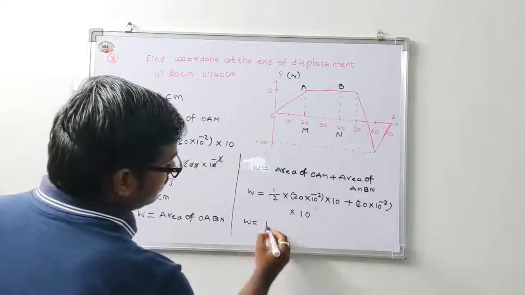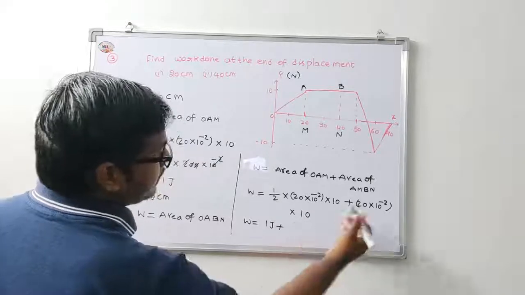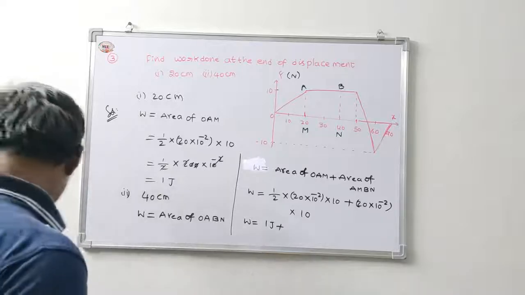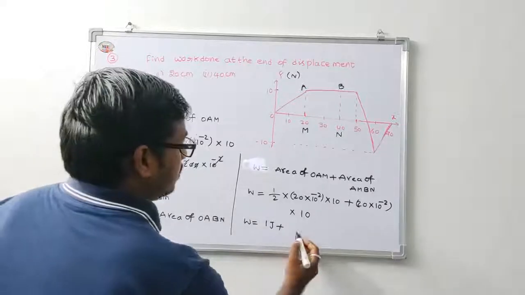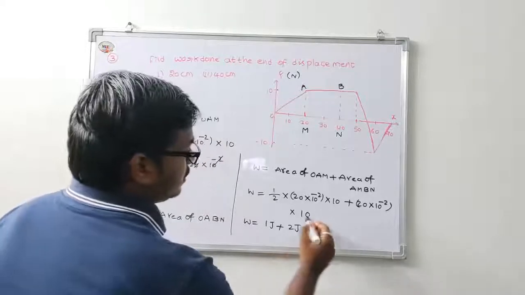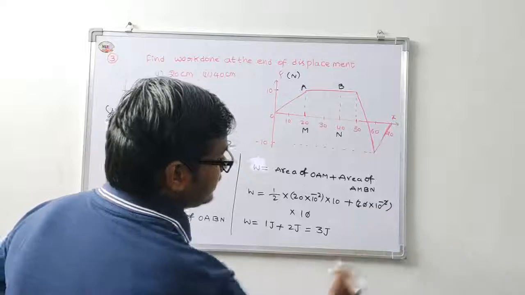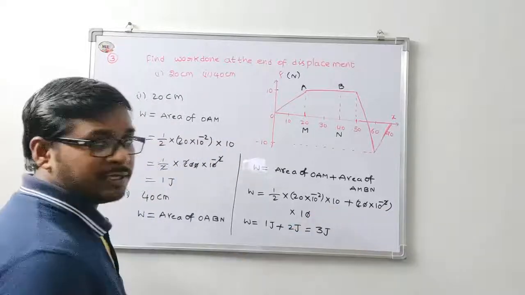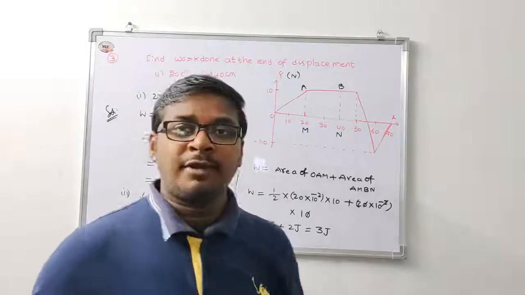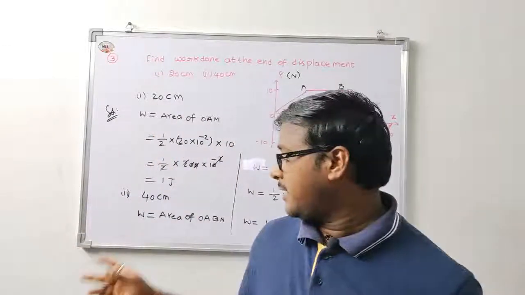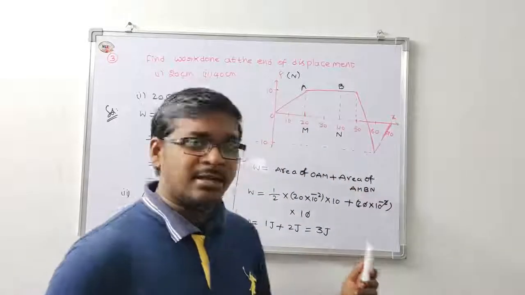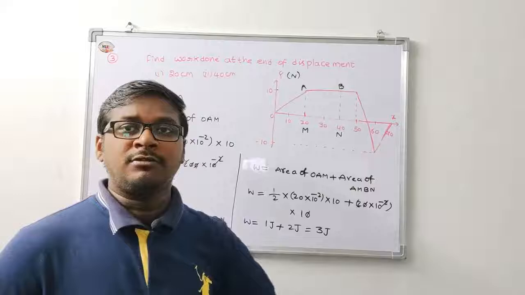The first one totals 1 joule, plus this one is 2, that is equal to 3 joule. The zeros cancel, remaining 2 plus 1 is equal to 3 joule. So at the end of 20 centimeter the work done is 1 joule, and at 40 centimeter the work done is equal to 3 joule.